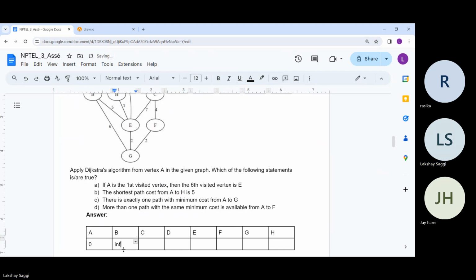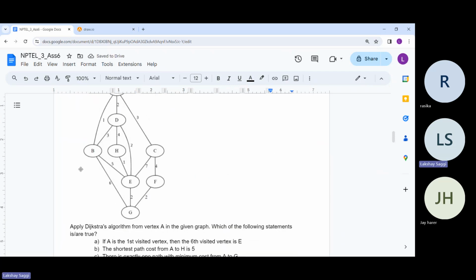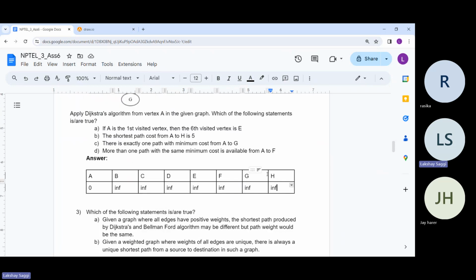So now this table will be storing the distances from A to all the other vertices, which are B, C, D, E, F, G and H. As we move along in the algorithm, these distances will get updated as is done in Dijkstra.